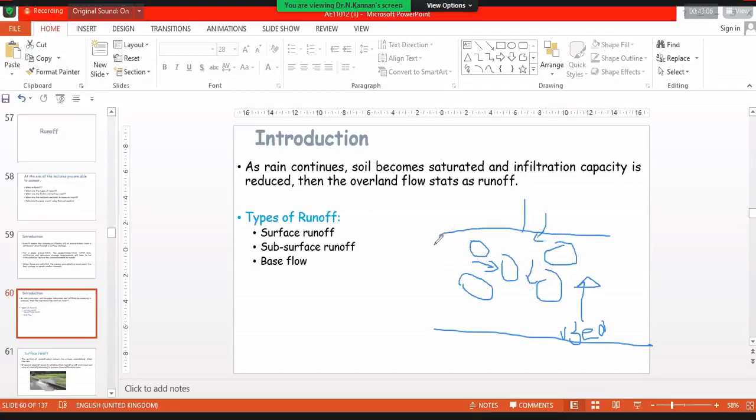When you complete this filling, you can say this soil has been saturated. It means there is no air. If you are sending more water, then since this is saturated, the water will go over the soil surface. That is runoff.